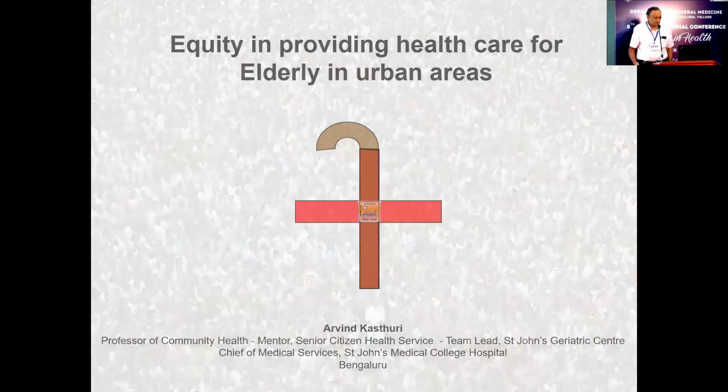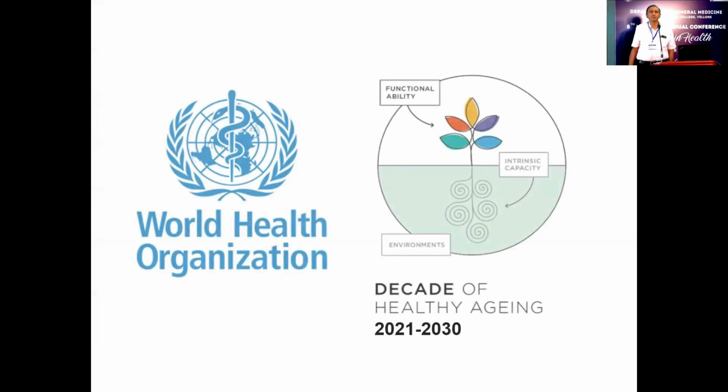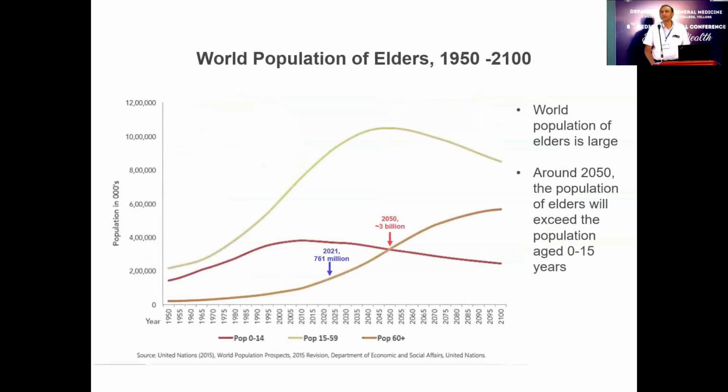We are in the decade of healthy aging, as declared by the World Health Organization, which is 2021 to 2030. We find ourselves at the beginning of that decade. Also, to draw your attention globally to the population of elders in the world: you can see 3 lines there, with the population 0 to 14 in red.